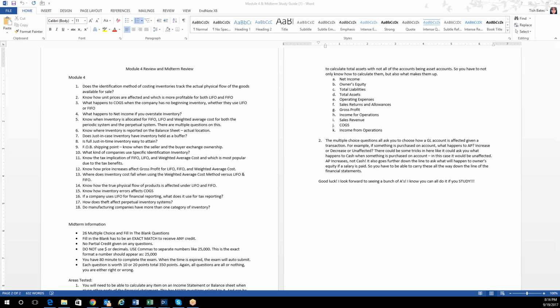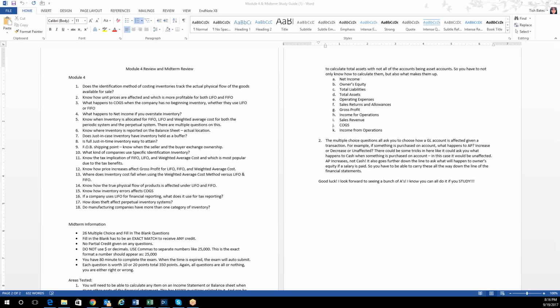If we purchase something on account, like supplies to make our widgets, then we owe, let's say, $1,000. It costs us $1,000 to make those 1,000 widgets. So now we owe somebody $1,000 for the supplies to make those widgets. That's on accounts payable.